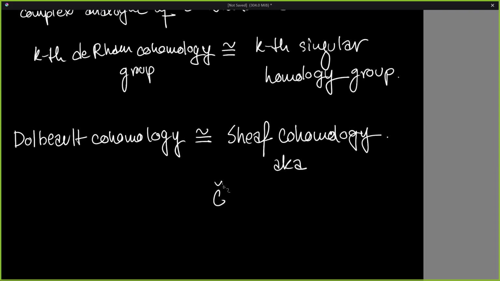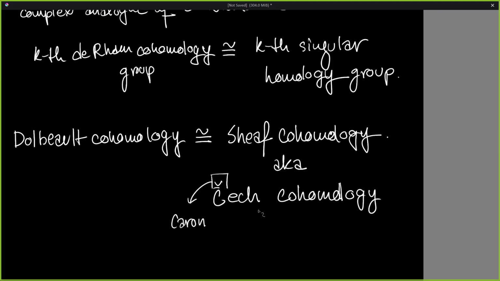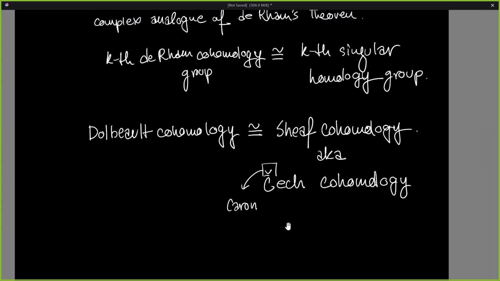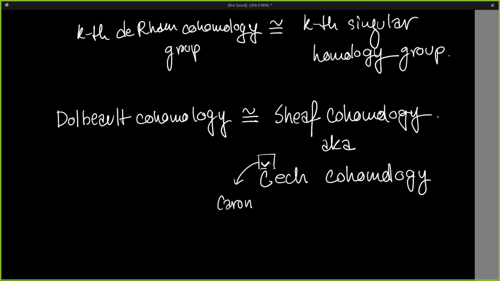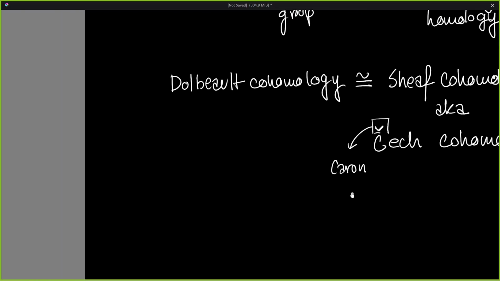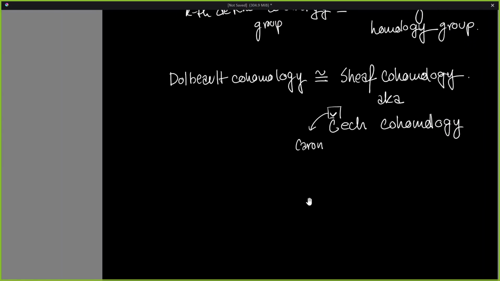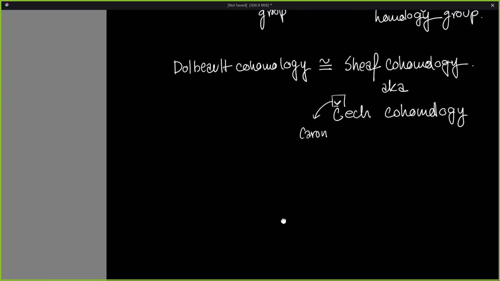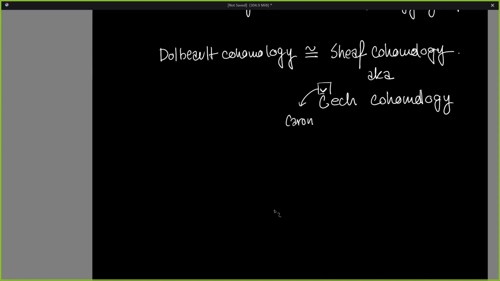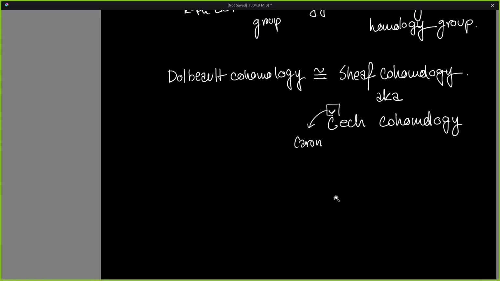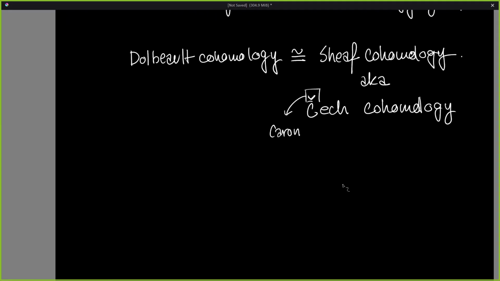I think it's like that. Funnily enough, this character, I think it's called a caron. My font doesn't support it, so in the notes there's no caron on the C, unfortunately. And I'm not sure I want to change the whole font of the notes just to support that one character. But yeah, it's called the Čech cohomology.